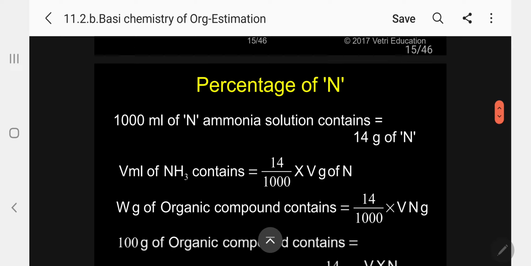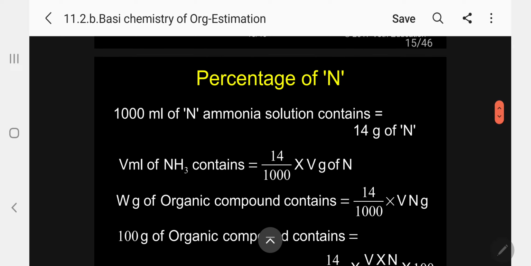Kindly follow. I know from the theory that 1000 ml of a 1 N solution contains the molecular mass of the compound, and the corresponding atom, the molar mass of the element. So 1000 ml of N ammonia solution contains 14 grams of nitrogen. Please follow.